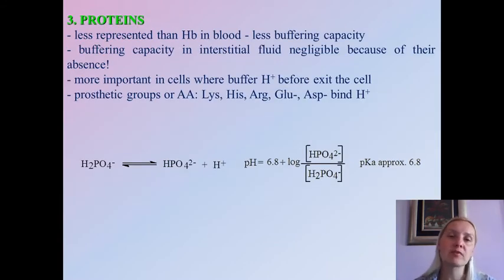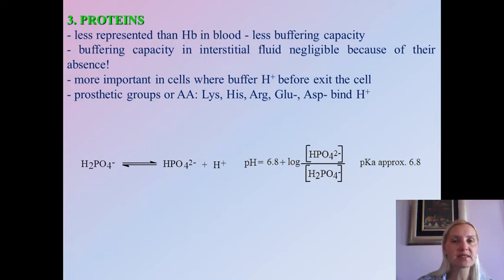The third type of buffers are proteins. So definitely they are less efficient than hemoglobin. They are active in blood plasma. They are also active in erythrocytes, but with a lower buffering capacity.